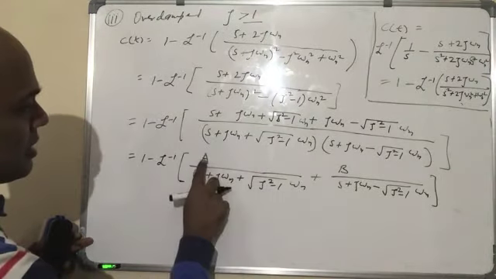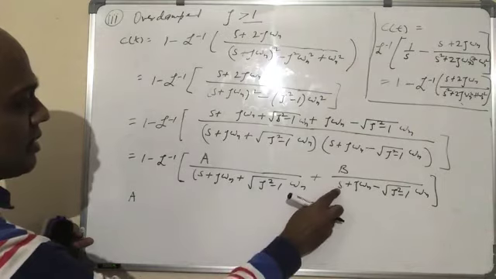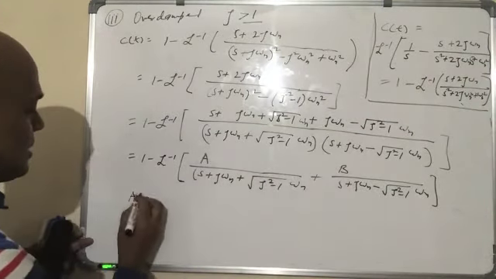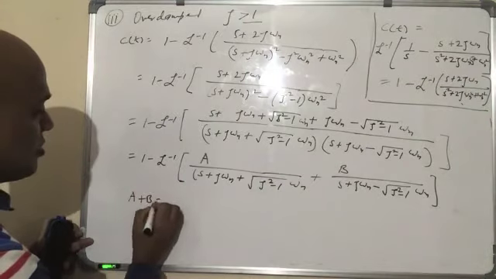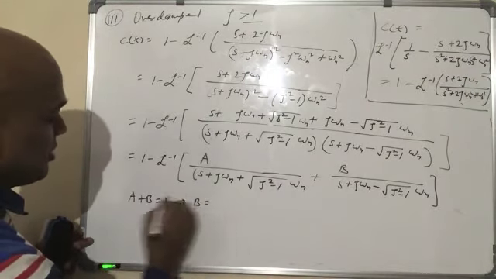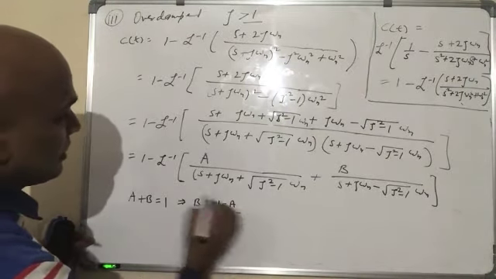What we know here is A S plus B S here, so A plus B equal to 1 we get, and hence we can say B equal to 1 minus A, right?